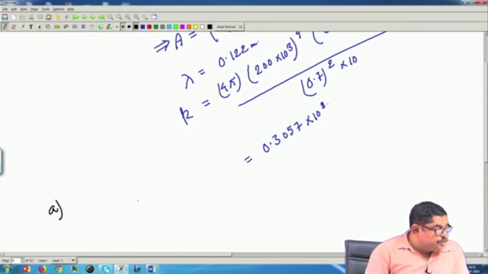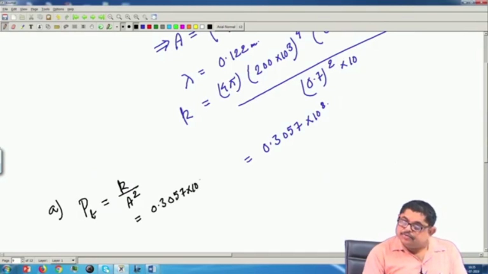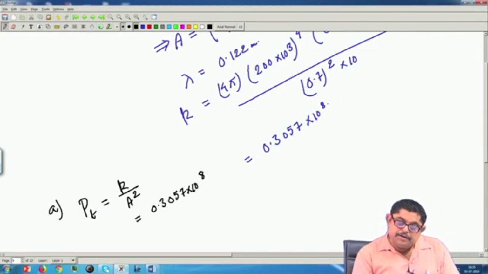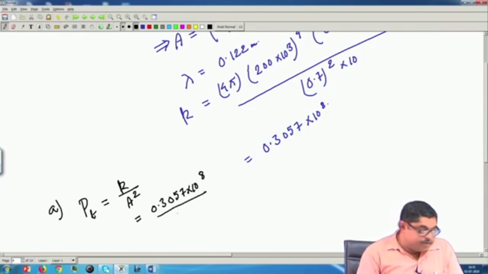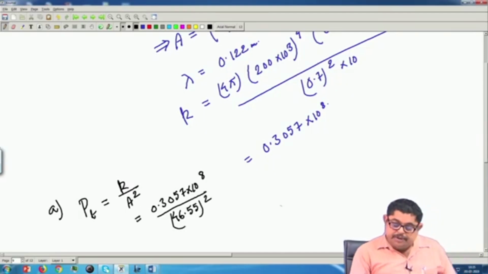Now, P t is equal to k by A square, and so it is 0.3057 into 10 to the power 8 by 46.55 whole square. Now, where is A coming from? Actually, first we will have to find A, then we can come here. So, actually better B can be first found.